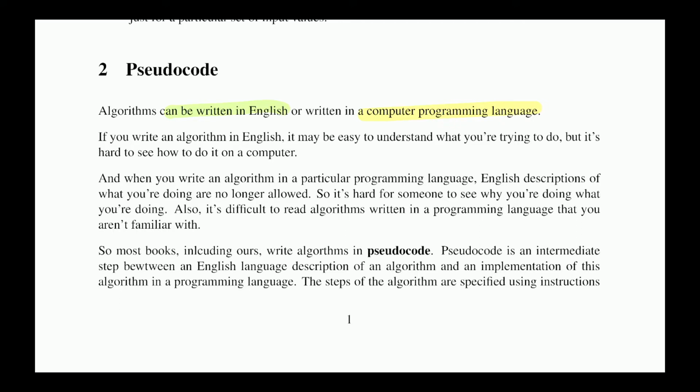Well, if you have an algorithm written in a programming language, then it's sometimes hard to figure out what the code is doing. You've looked at code that other people have written. It's hard to understand, isn't it? So if you're looking just at code, it can be hard to understand what's going on.